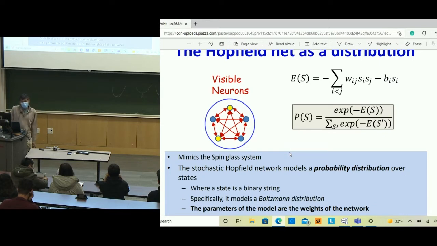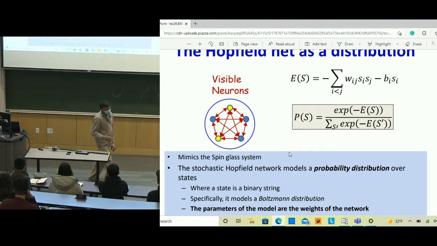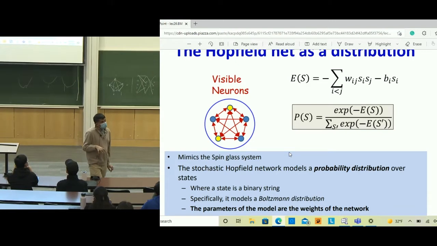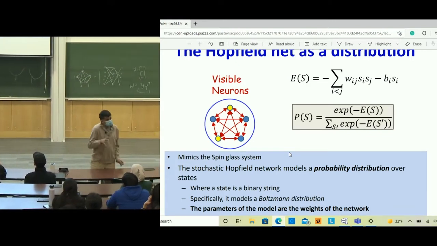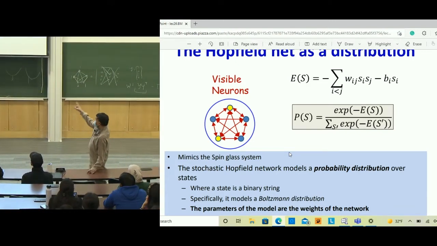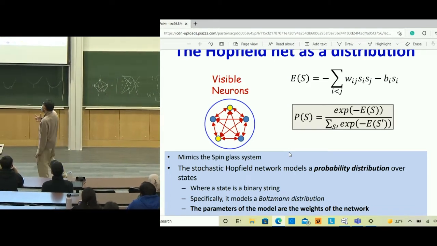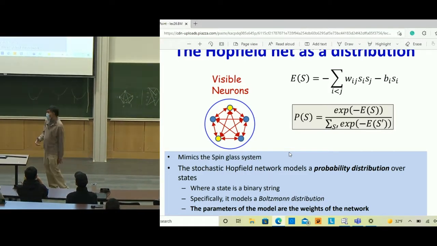Now, how does this happen? This is actually mimicking the spin glass system. What this means is that if you can design your Hopfield network, the math of your Hopfield network, such that the probability of being in any particular state as this system evolves ends up following the Gibbs distribution, then the Hopfield network actually represents the distribution. It represents a specific variant of it called the Boltzmann distribution.